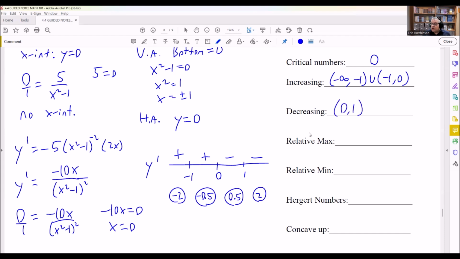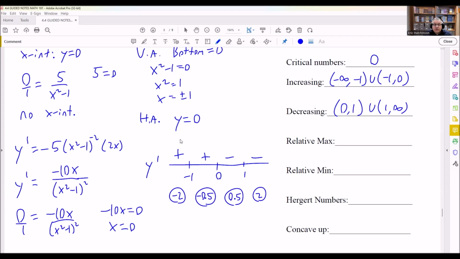So we're going to go 0 to 1, and then from 1 to infinity. Okay, so that's going to be where it's going to be. So increasing, we have these here, and decreasing, we have this here. I should have done those in order, but that's all correct here. Okay, so we have positive, positive, negative, negative, and that would describe that particular region.